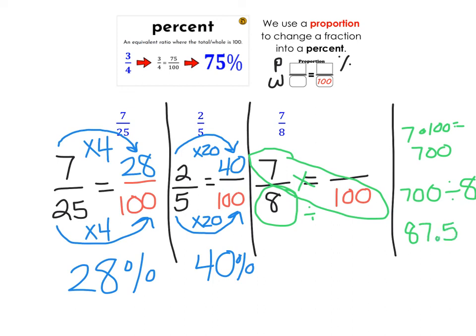You can check it with a calculator if you need to. So here, this should be 87.5 on top of the 100, and 87.5, or 87 and 5/10, would be my percent.